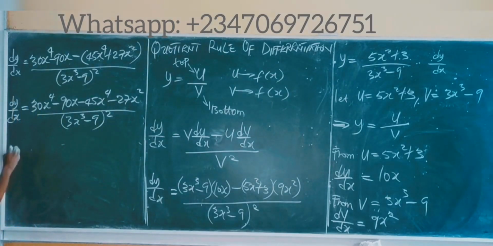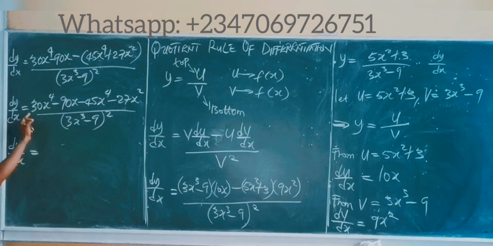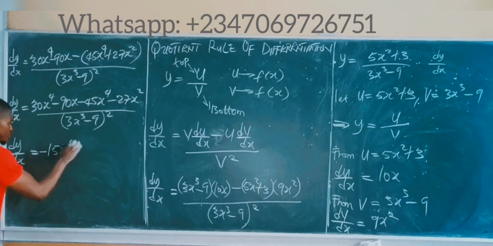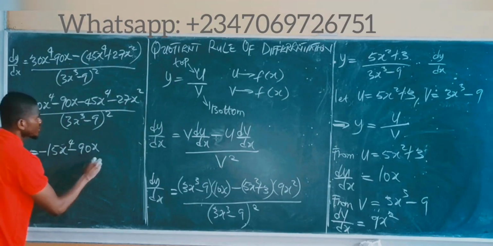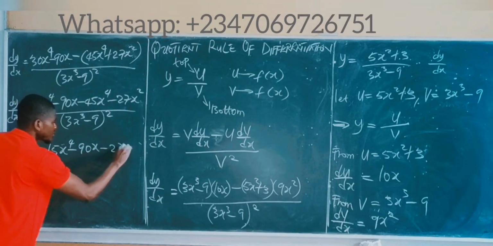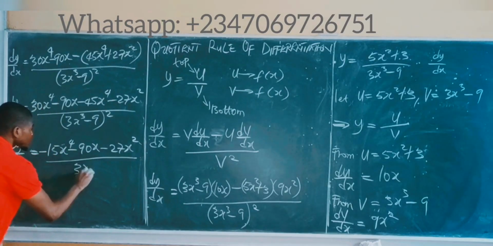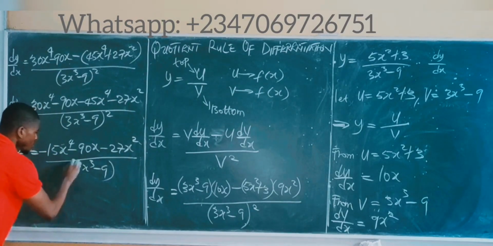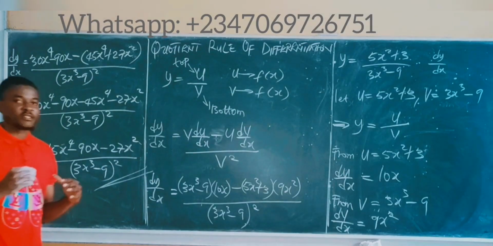Notice that 30x to the power of 4 can combine with minus 45x to the power of 4, which simply gives us minus 15x to the power of 4 minus 90x minus 27x squared, all over (3x cubed minus 9) all squared. Alright guys, so that becomes the answer to that derivative.